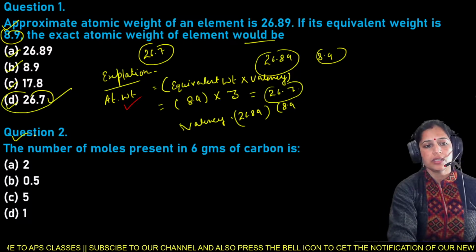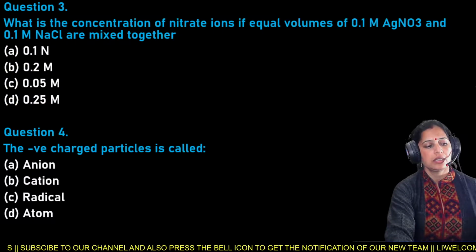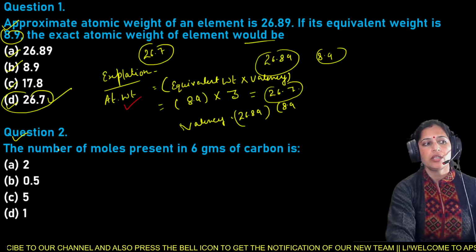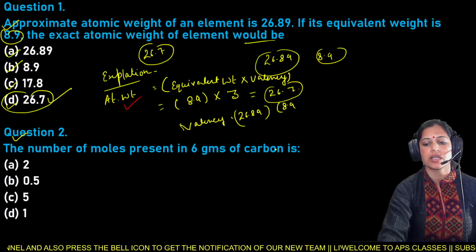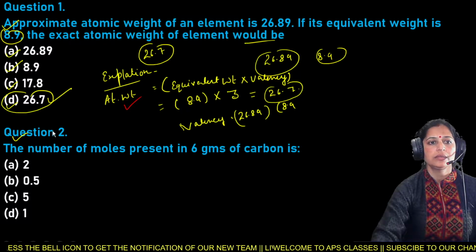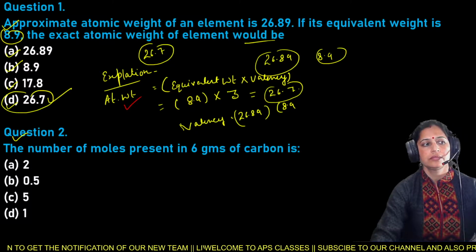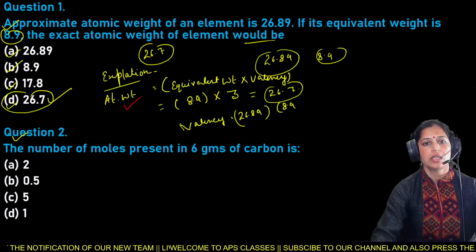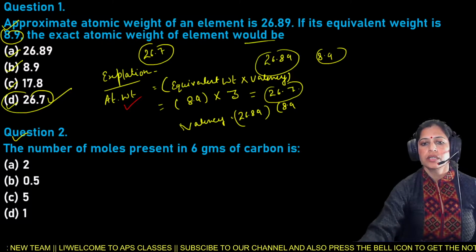Next is question number 2. The number of moles present in 6 grams of carbon is.